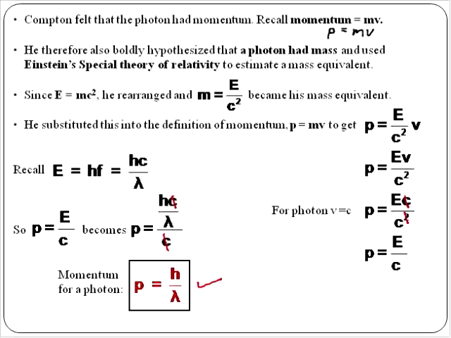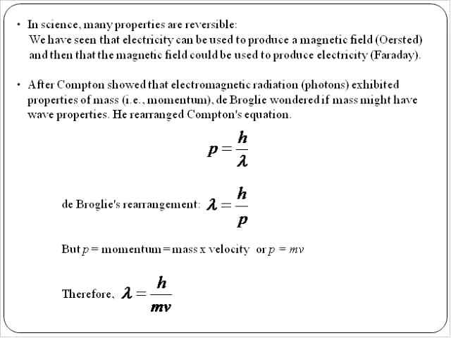Maybe particles and waves are much closer to being the same thing than we initially thought. After Compton showed that photons showed properties of mass, such as momentum, deBroglie wondered that maybe mass might have a wave property of wavelength.